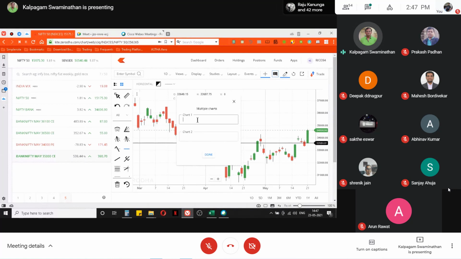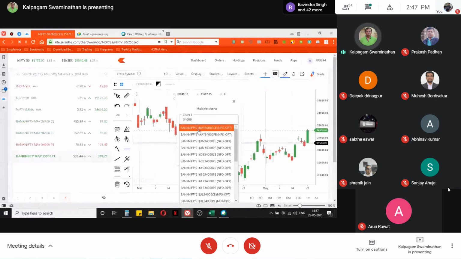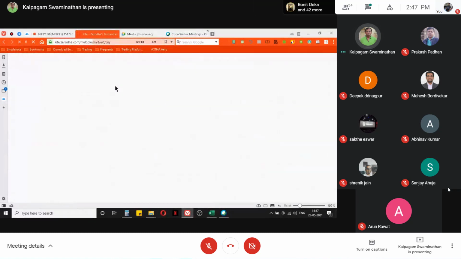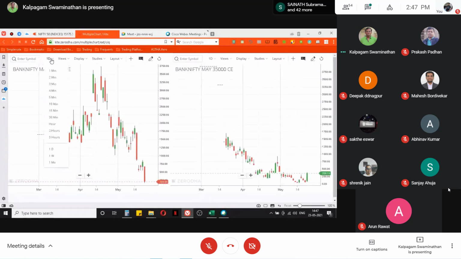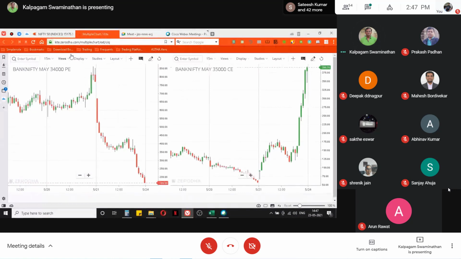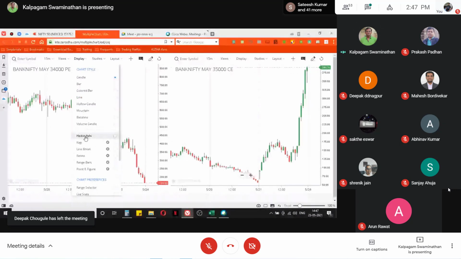Zerodha has this multiple charts feature which we use. 34,000 PE and 35,000 CE. This opens up in a new tab. And we shift our time frame to 15 minutes and the display to Heikin-Ashi.